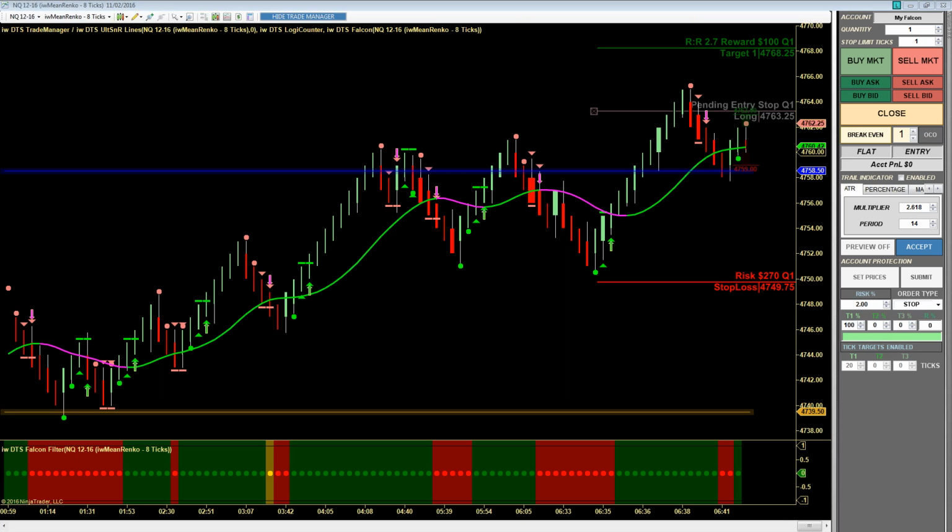Come on. No, now the bar is turning red. And now it's trying to turn green.